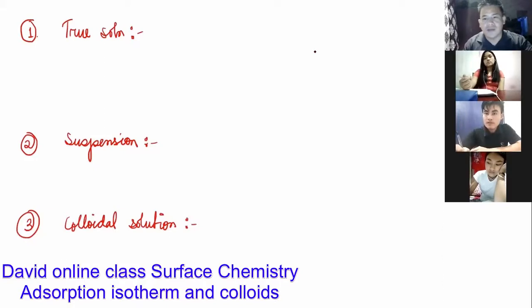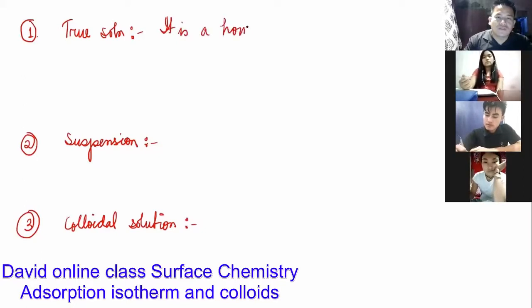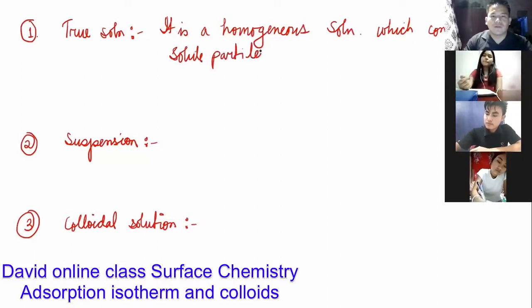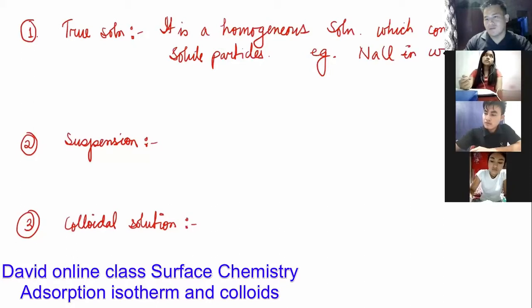Particles may be molecules or ions. For example, a true solution may be sodium chloride in water. You will get a transparent solution. This is an example of a true solution.